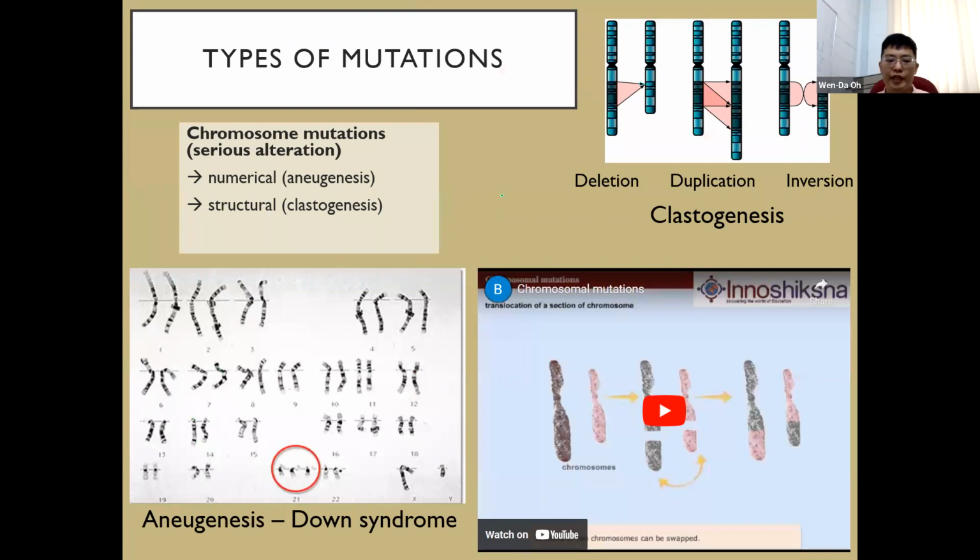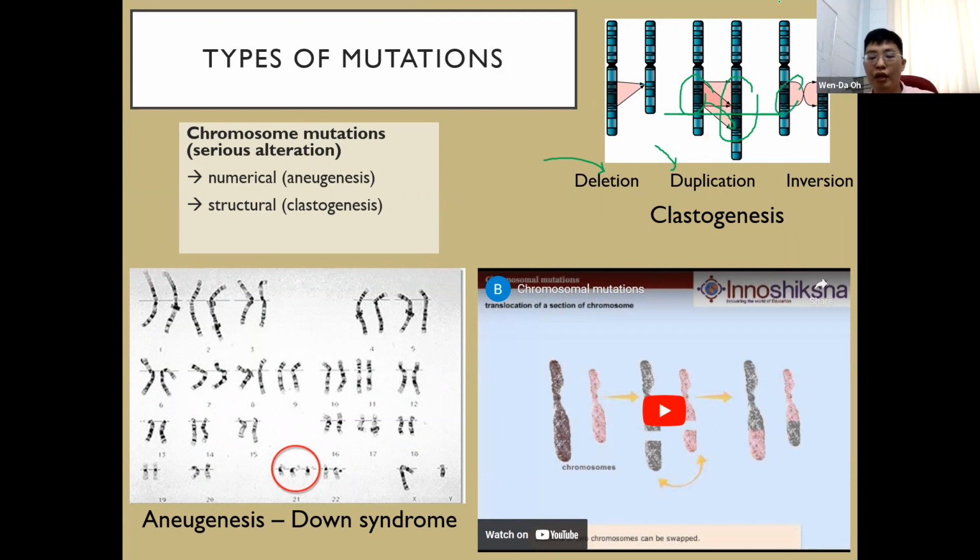The other type would be this type, deletion, whereby a certain part of the DNA is deleted. Sometimes you have duplication, whereby you can see this part is duplicated. You have two similar parts. The other one is inversion, where the same part is inverted around.